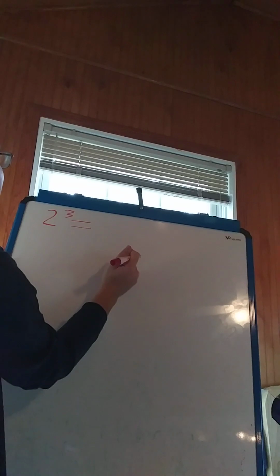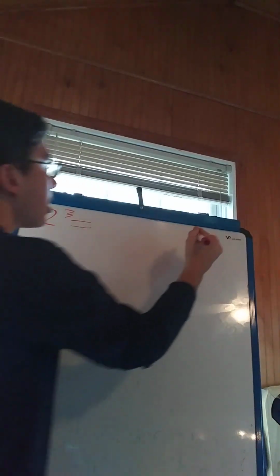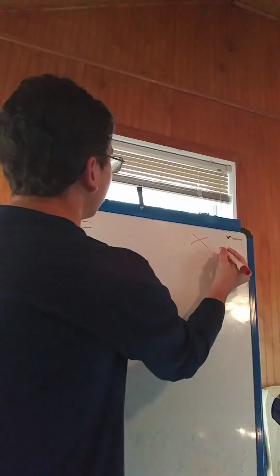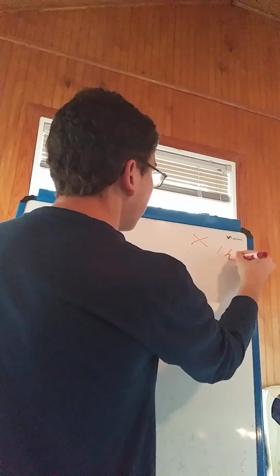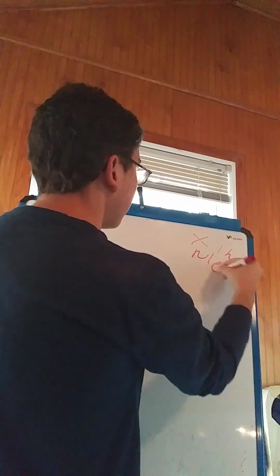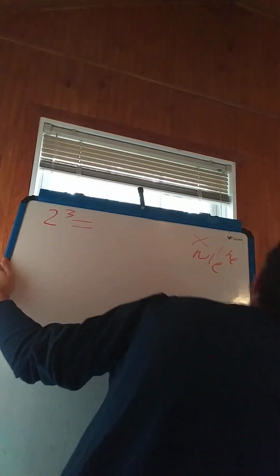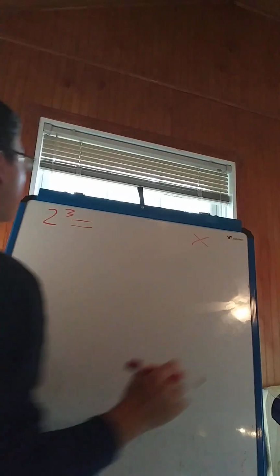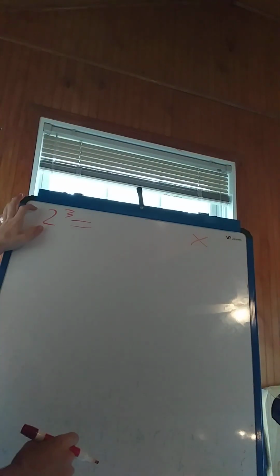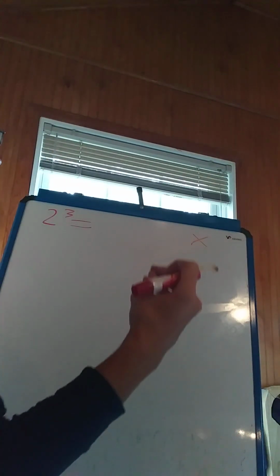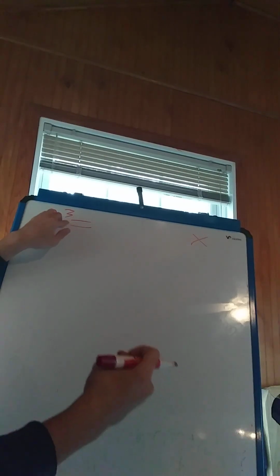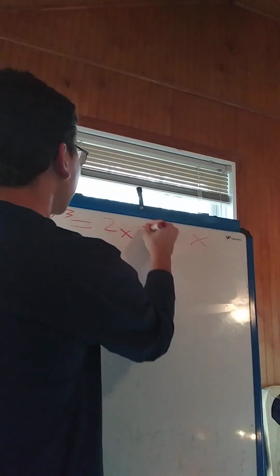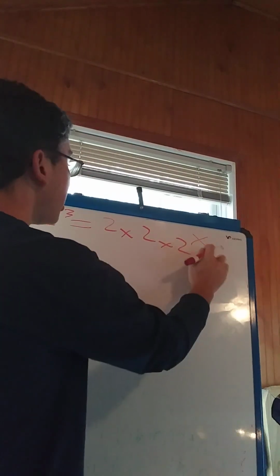You can do this easily on a calculator. So multiplying is the rule. We take 2, and we multiply 2 three times. This is what this means. So 2 times 2 times 2.